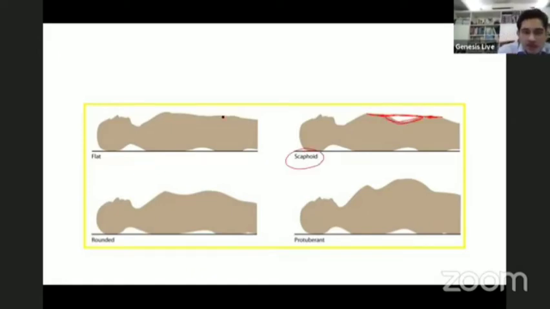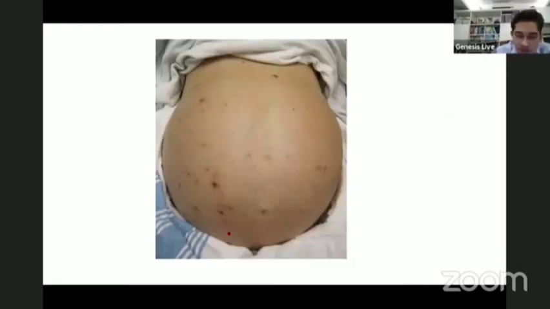If this is flat, you say flat. It can be rounded, which is most of the patients. It can be protuberant. Now, these are all physiological. None of them are a big problem, right? But if you get something like this with an everted umbilicus, this is a sign of ascites, right?